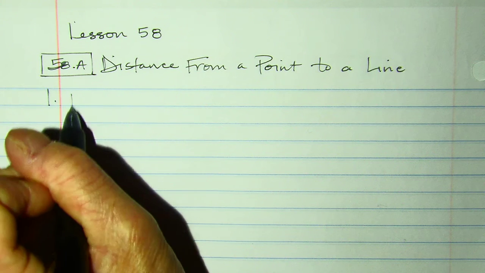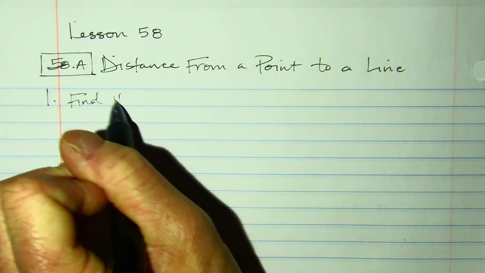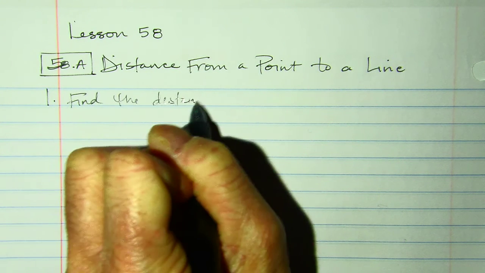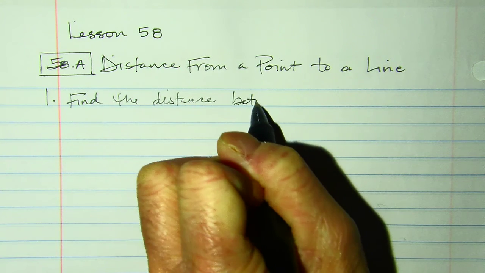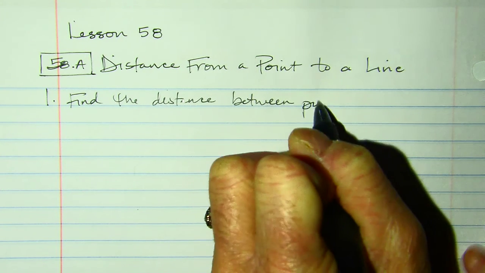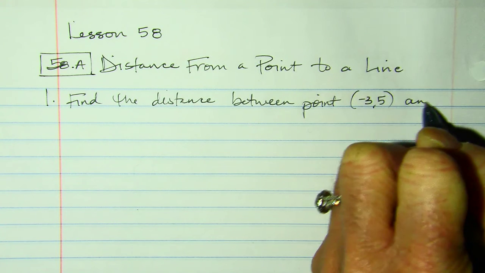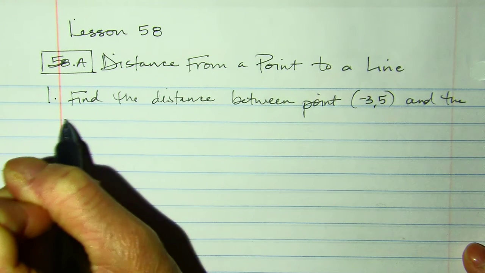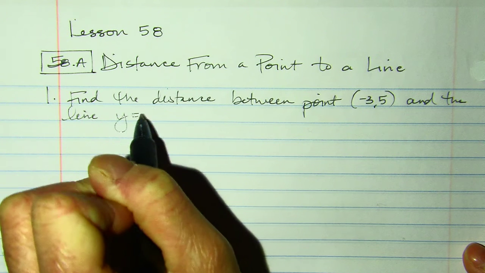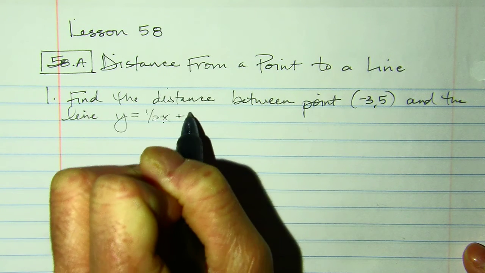So the directions: find the distance between point (-3, 5) and the line y equals 1/2 x plus 1.